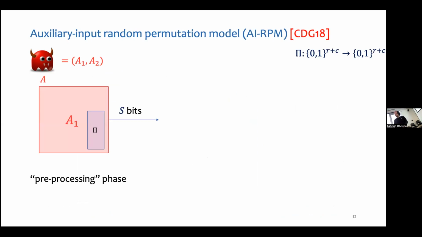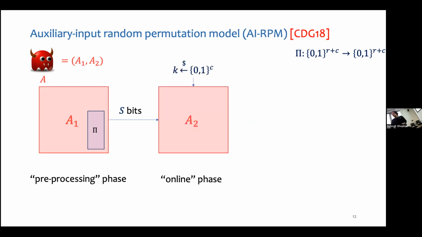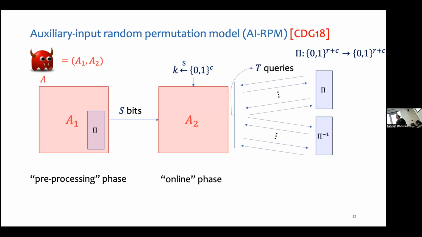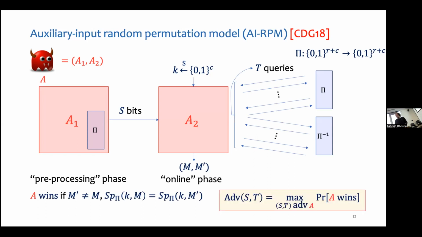The preprocessing phase has unbounded access to the permutation and can compute S bits of preprocessing on it. It gets a randomly sampled key in the online phase, and can make T queries to the permutation and its inverse. So here is one point of difference. Because it's a permutation, and it's public, the adversary can query the permutation in both forward and inverse directions. It wins if it can find a collision, and advantage is defined analogously.